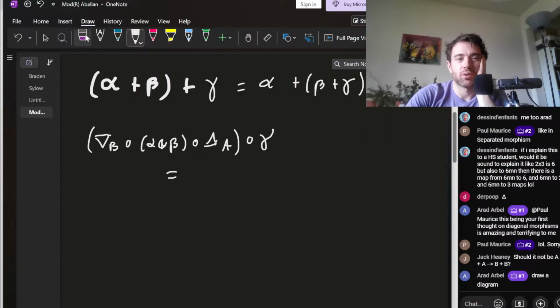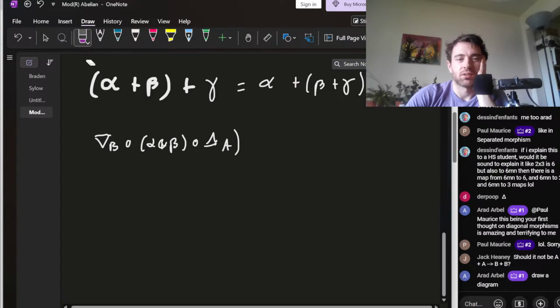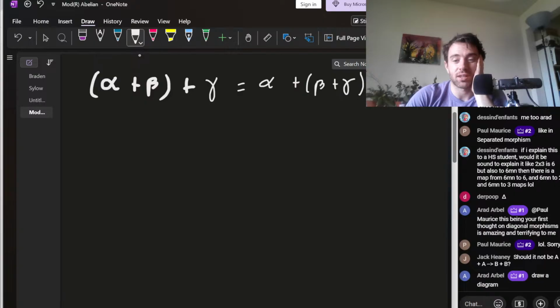Oh, and then we have plus here. So let me write out the whole thing, and then I'll start doing the diagrams. It took a lot of space. I had to write a whole bunch of diagrams on a bunch of whiteboards.